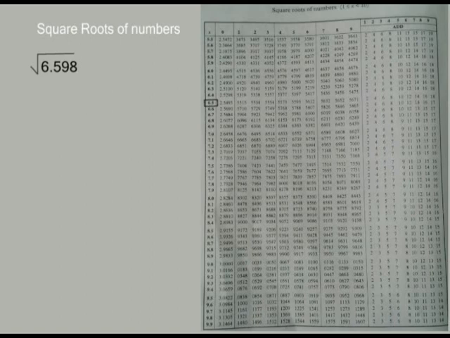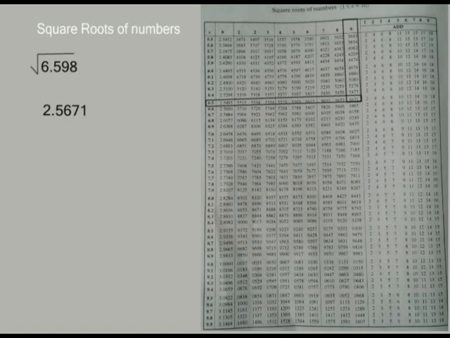But looking at the columns of 1, 2, 3 up to 9, there is no decimal indicated. What that means is that all the numbers in this row start with 2 point, even though it's not written. So we go to the column of 9.